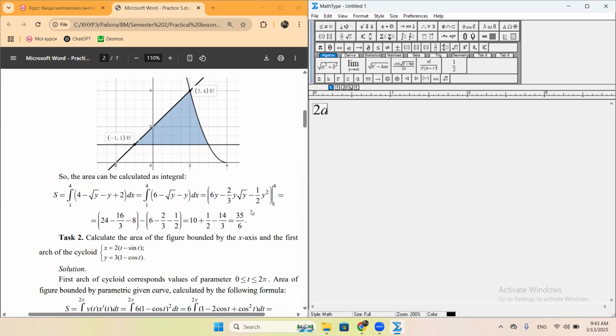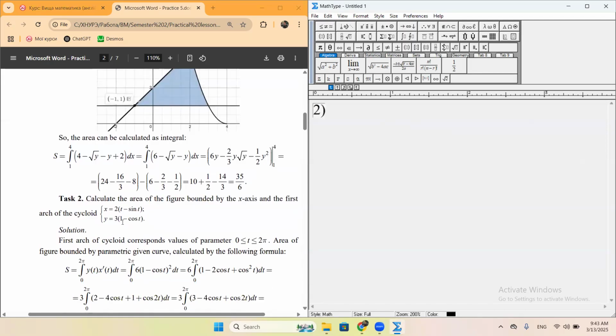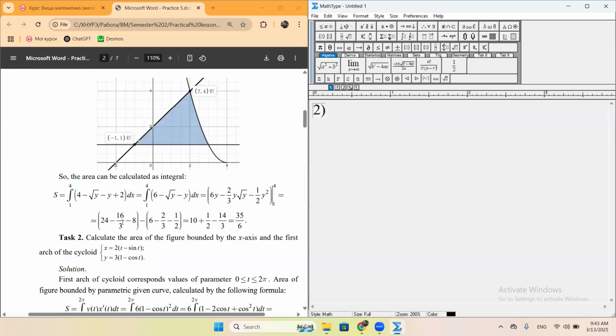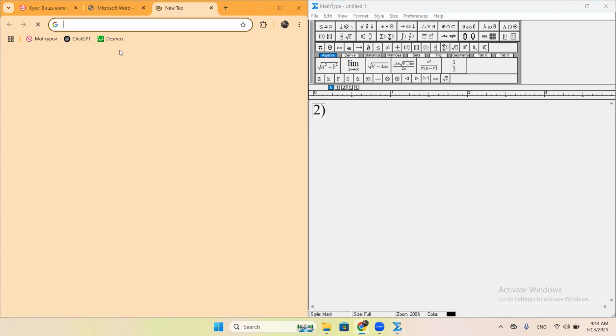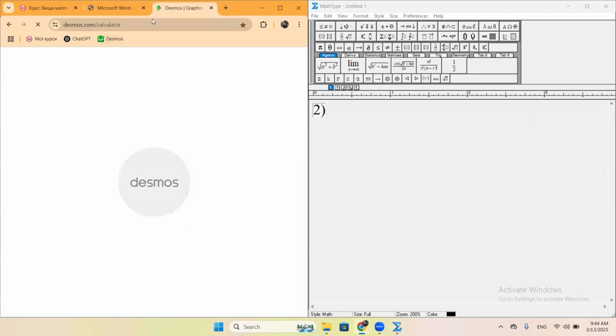Let's move next to exercise 2. Again, we will calculate, and we have just one section here. We have to calculate the area bounded by the x-axis and the first arc of the cycloid. Let me show you how the cycloid looks like.